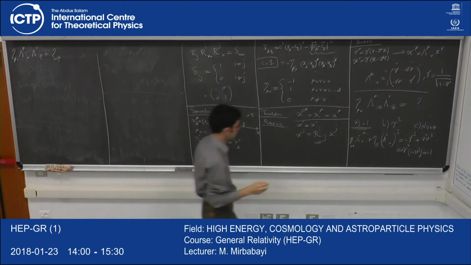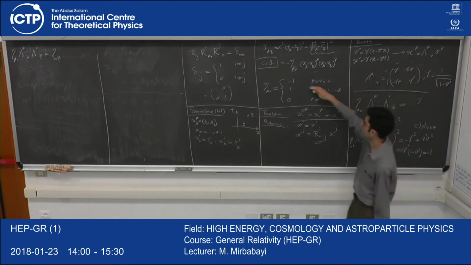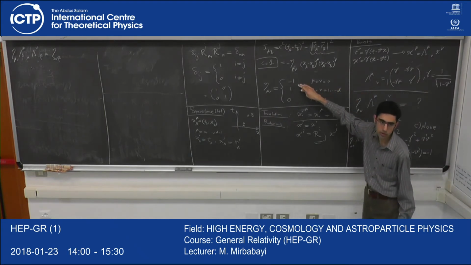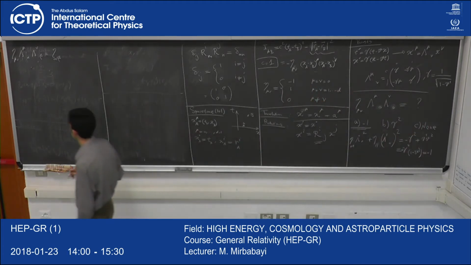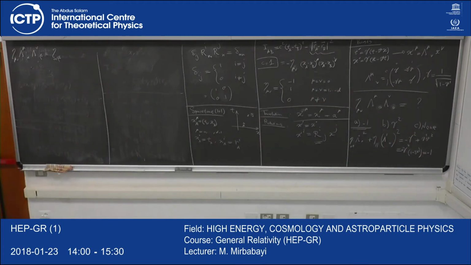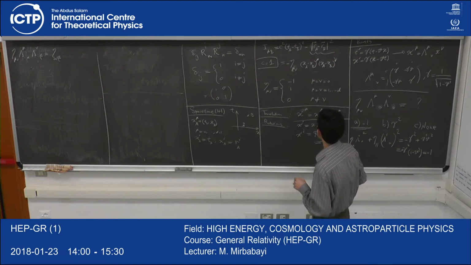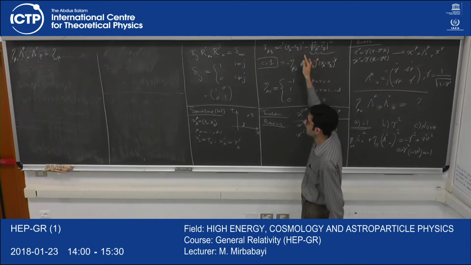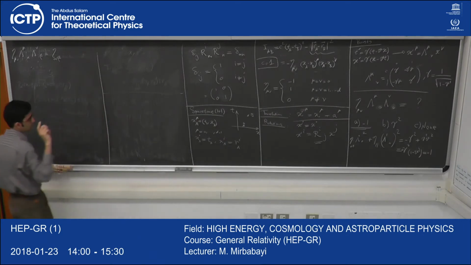So the 0, 0 component of this object is minus 1, which is just the zeroth component of eta, the Minkowski metric. And in general, you can verify that it's the case. But let me mention some other thing.